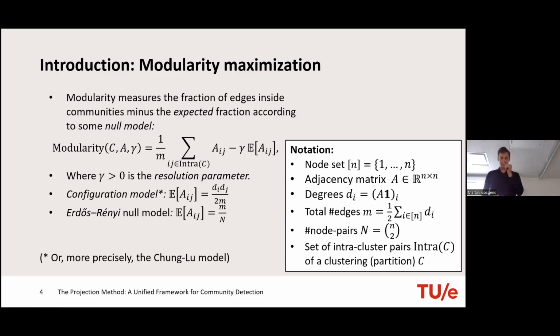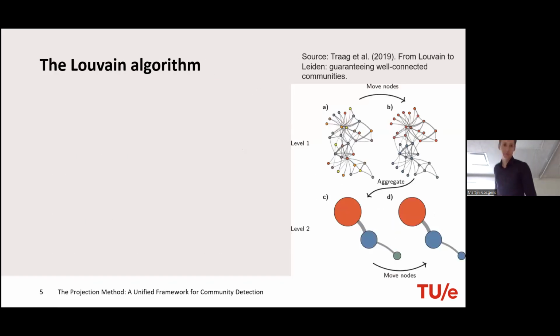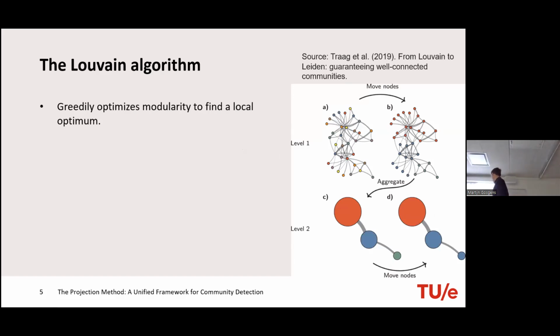The way that this maximization is often done is by the Louvain algorithm. This is nothing more than just a greedy optimization of partitions. Initially it assigns every vertex to its own community of size 1.